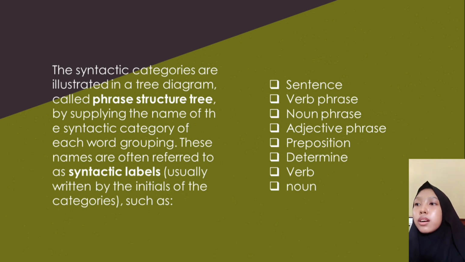These names are often referred to as syntactic labels, usually written by the initials of the categories, such as sentence, verb phrase, noun phrase, adjective phrase, preposition, determiner, verb, and noun.